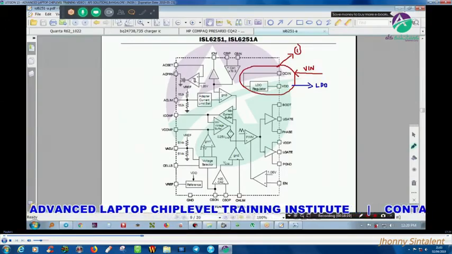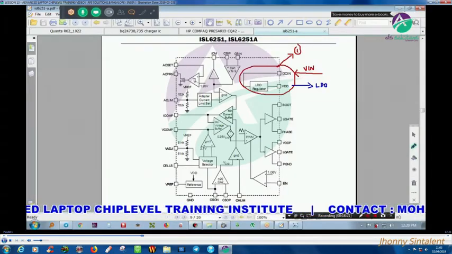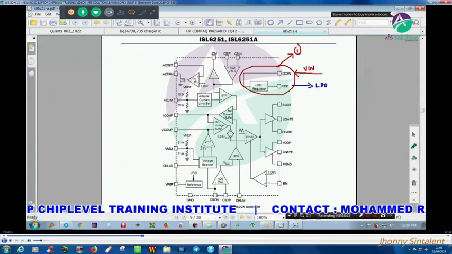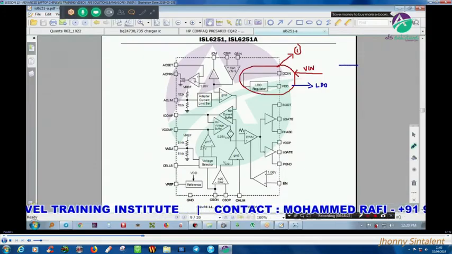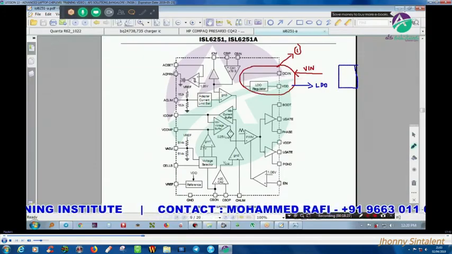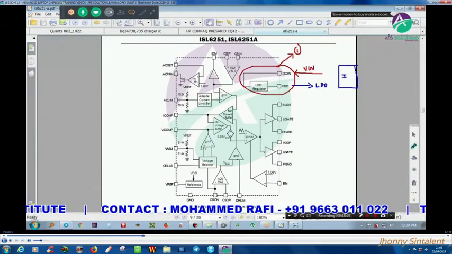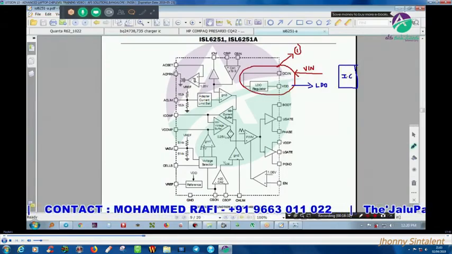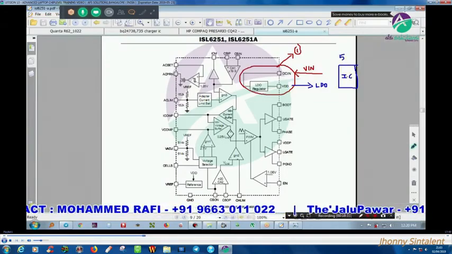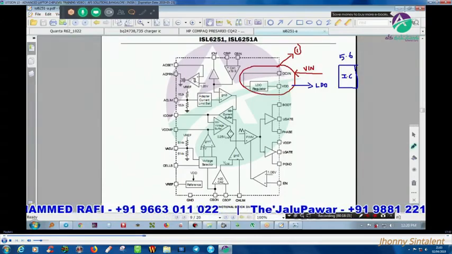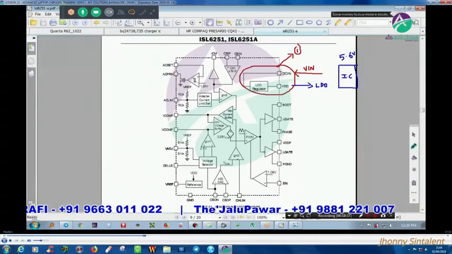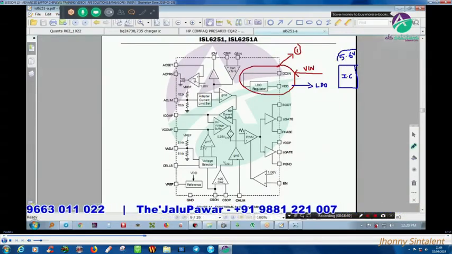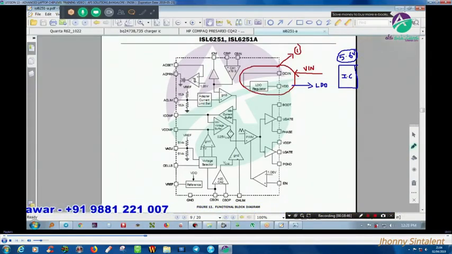Why? Very important thing. This is a clue which tells me that every IC will work at not more than 5 or 5.4 volts at the highest. 5.6 volts I can tell is the highest. With this voltage we can drive this IC.